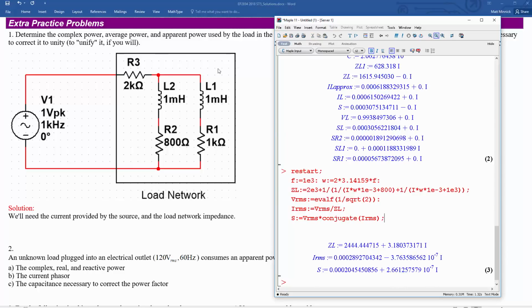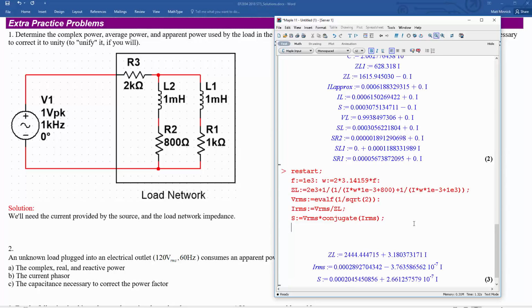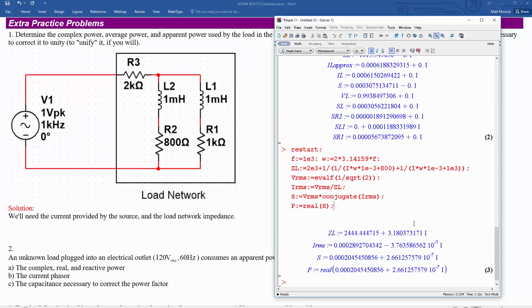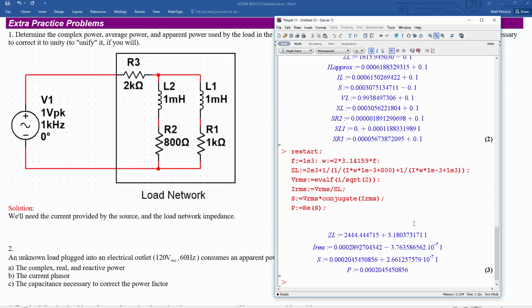Then the average power would be equal to the real part. Is it just RE? Yeah, that's the one. Okay, so complex power's real part is the real power, also known as average power.